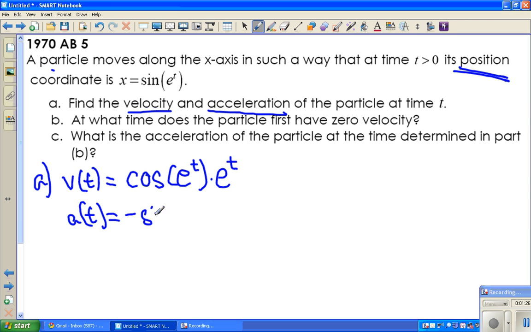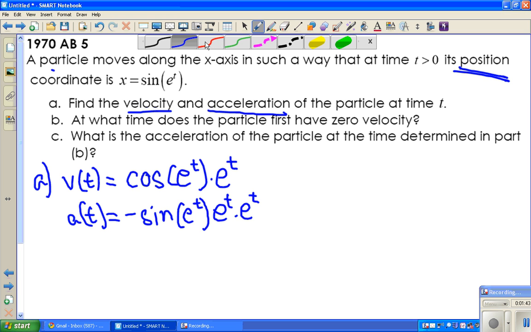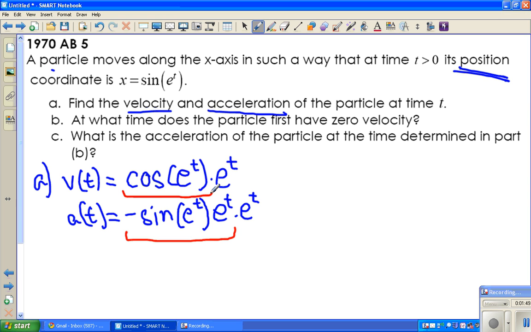That means negative sine of e to the t, and the derivative of the inside, which is e to the t itself. But we have to multiply by the e to the t which was already there. So we'll be getting e to the t squared. Now, let me just point out that from here to here, that is the derivative of this portion of the function.